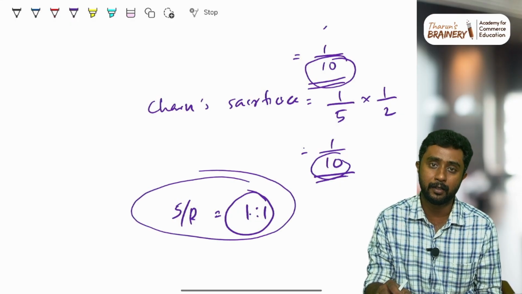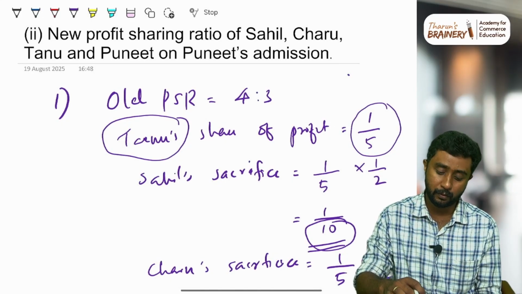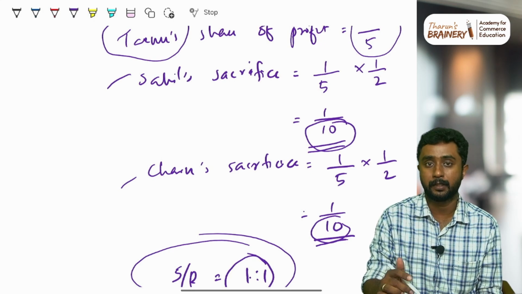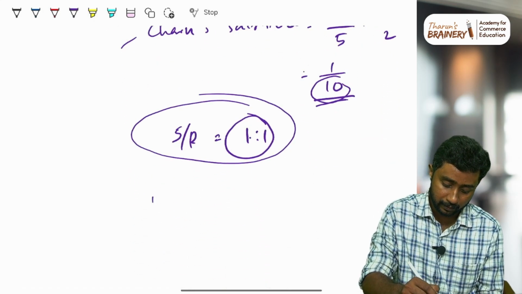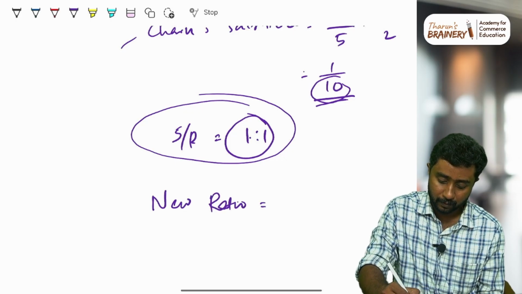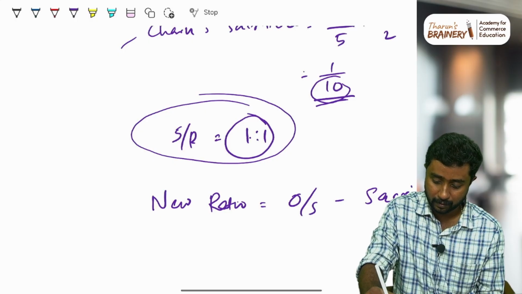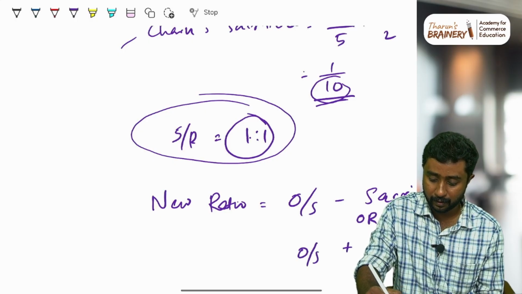The question is to calculate the new ratio. So after Tanu's admission, what is the new ratio? For that, we now know Sahil's sacrifice and Charu's sacrifice. To find out the new ratio, there is a formula: old share minus sacrifice, or old share plus gain.